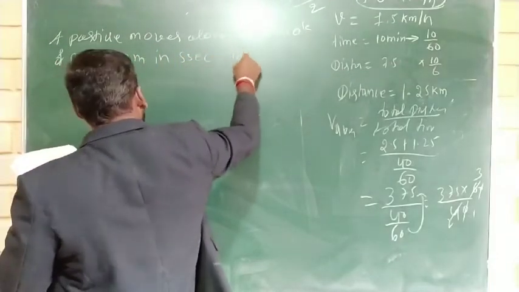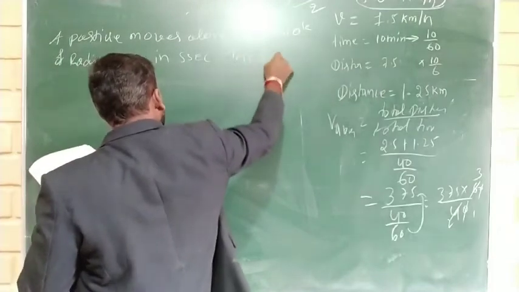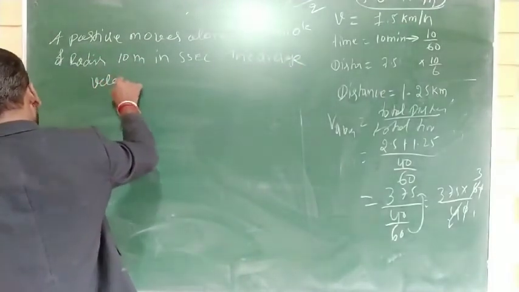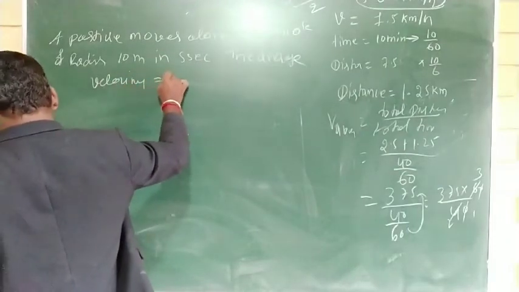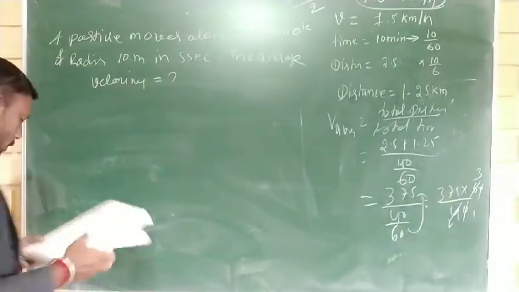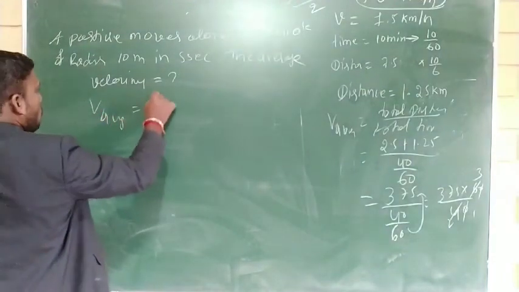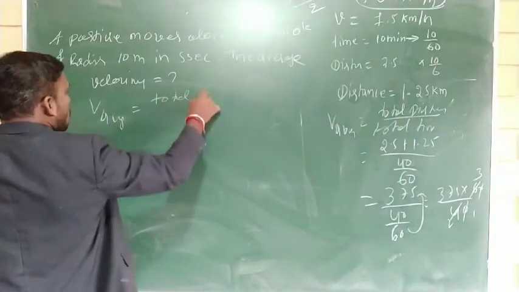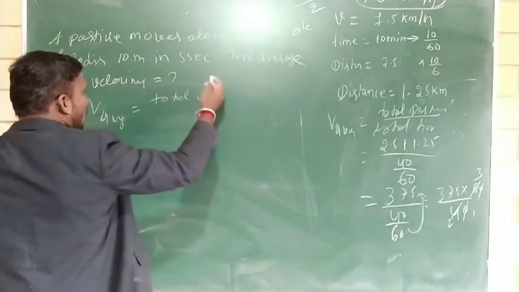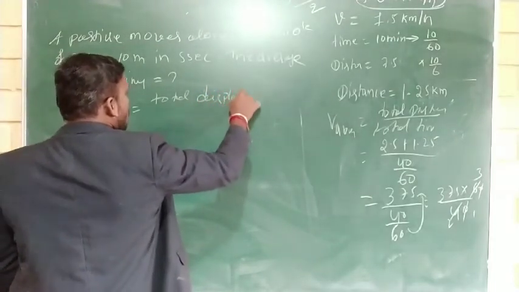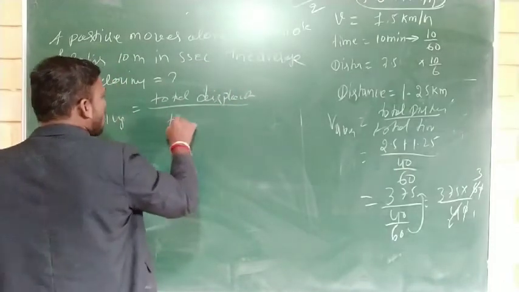The average velocity is equal to what? Average velocity V average is equal to total displacement divided by total time.